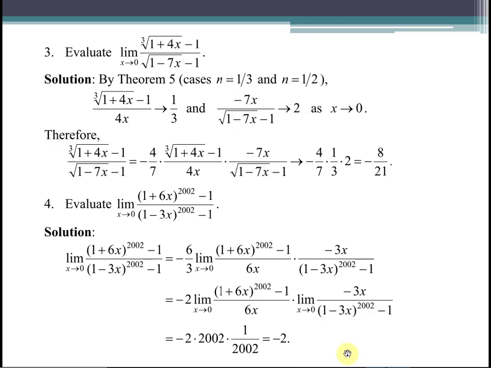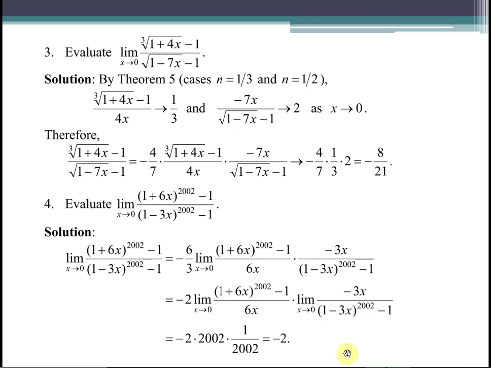So we will solve it separately, top and bottom. The top tends to 1 over 3 if we multiply and divide by 4x. The second one is also the same situation, so here we need to multiply and divide by minus 7x.